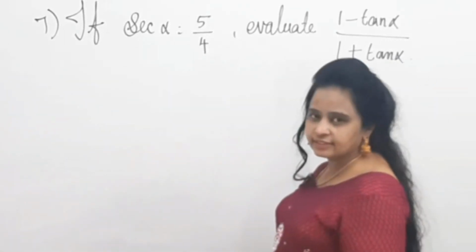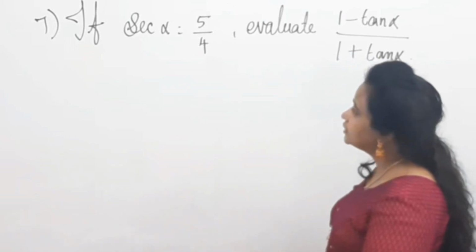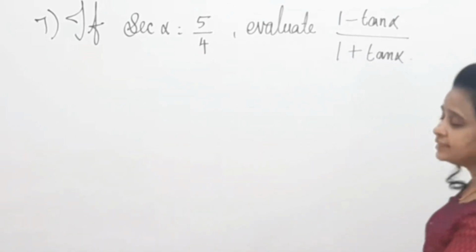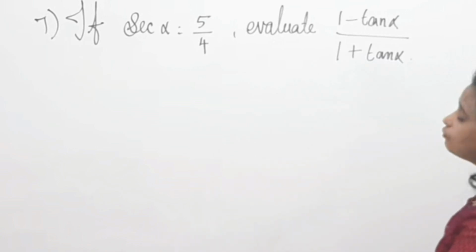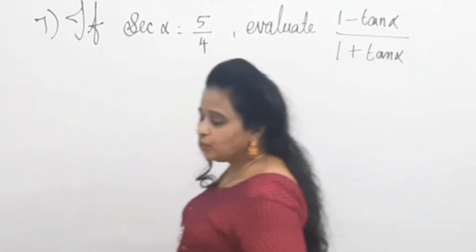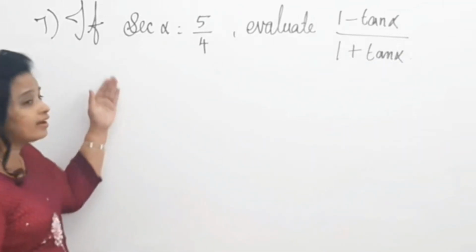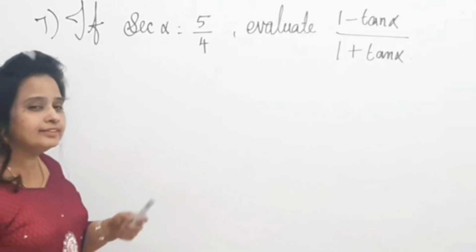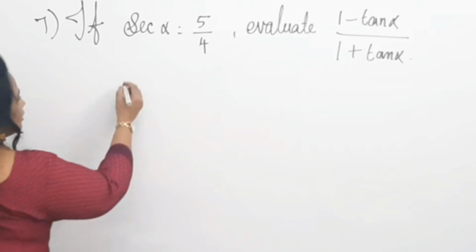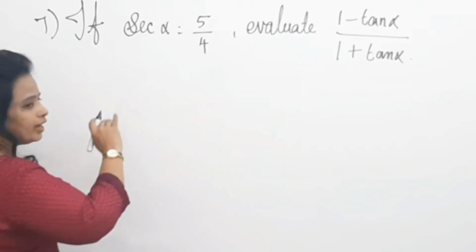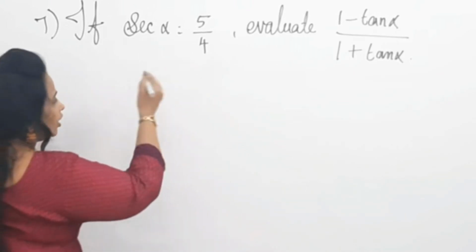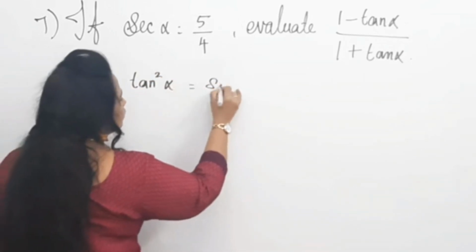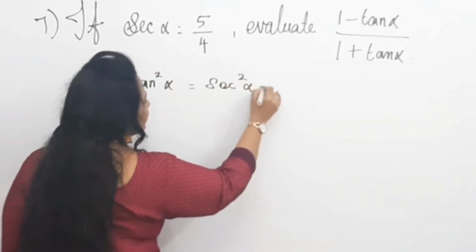Question says like this. If sec alpha is equal to 5 by 4, evaluate 1 minus tan alpha divided by 1 plus tan alpha. I told you whenever you are given the ratio, please write the ratio. Instead, I am going to use here the identity. So I know that 1 plus tan square alpha is equal to sec square alpha. So my tan square alpha is equal to sec square alpha minus 1.